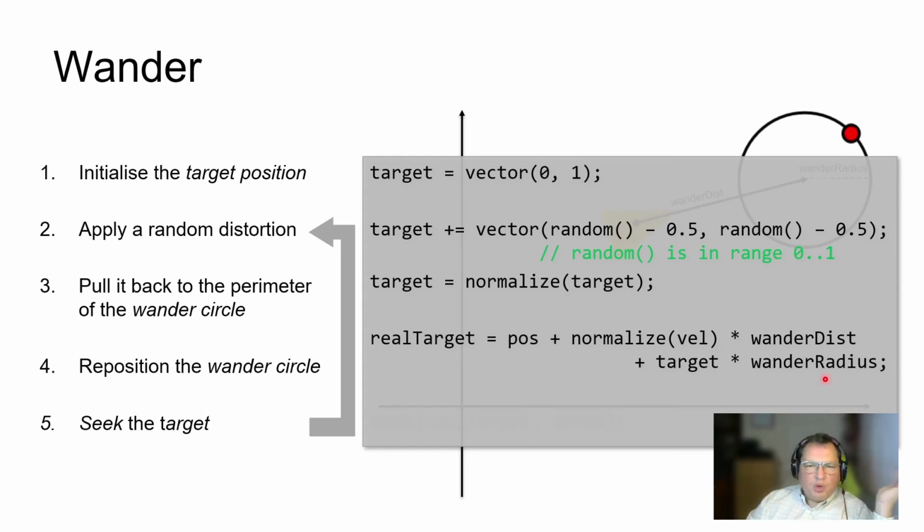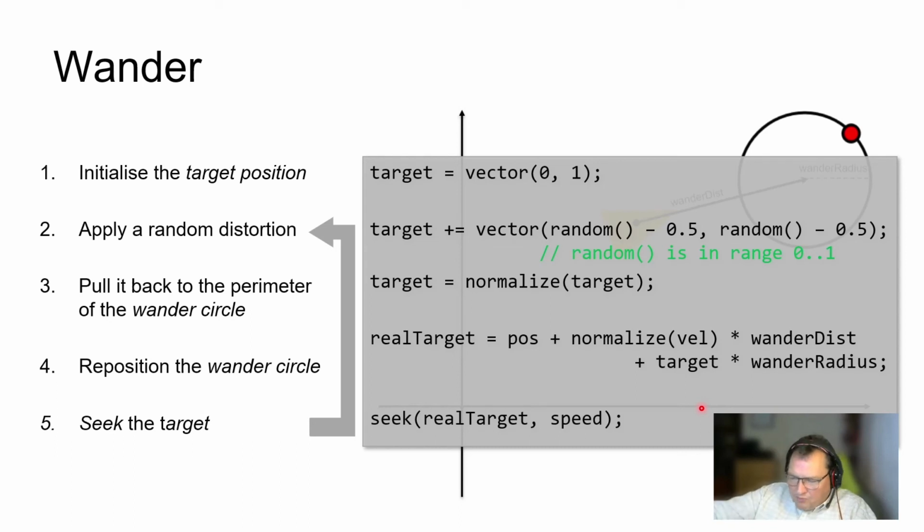And now we are just one step from the end of this algorithm. We need to call one of the previously described behaviors, seek, providing the real target as the target for the agent to seek, and perhaps providing a special speed. In most cases, wander speed should be a little bit lower than regular seek or flee speed.